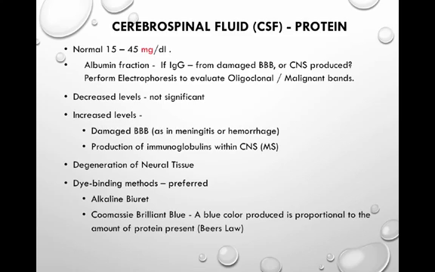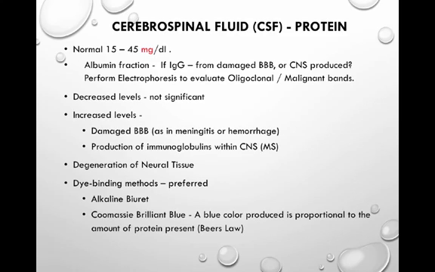The concern is finding an abnormally increased protein level. Damaged blood-brain barrier, as in meningitis or hemorrhage, can increase protein levels. Production of immunoglobulins within the central nervous system, an example of that might be multiple sclerosis, can increase protein fraction.